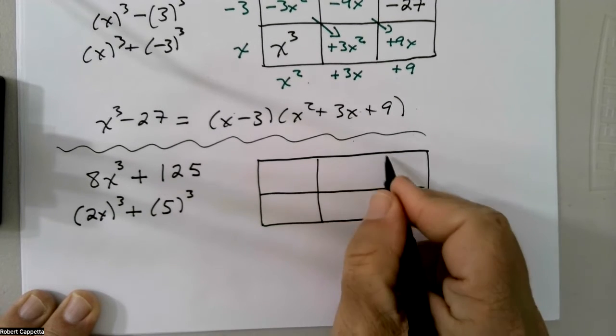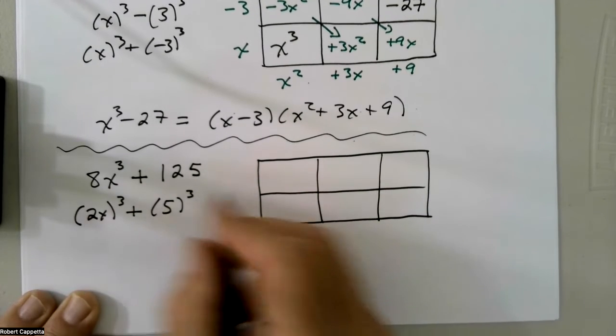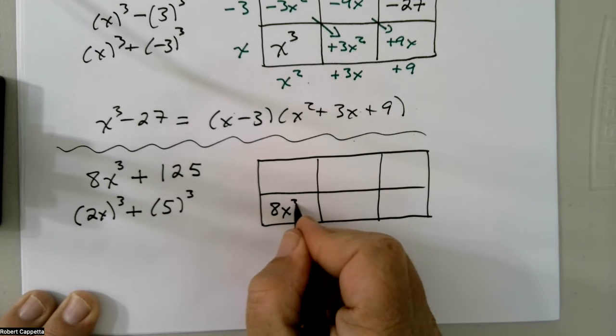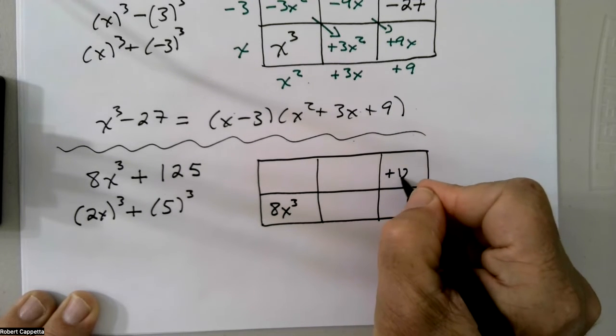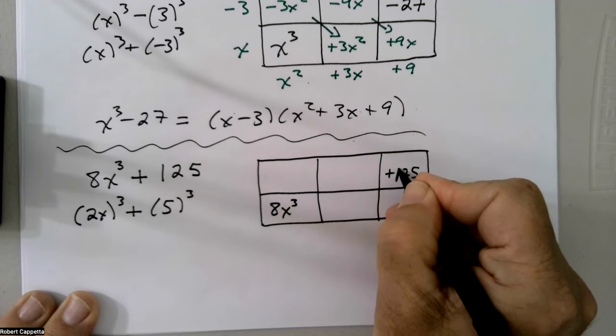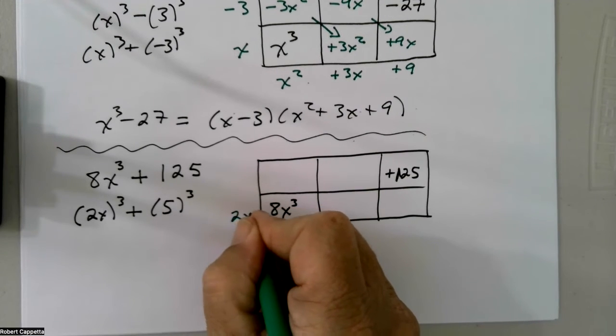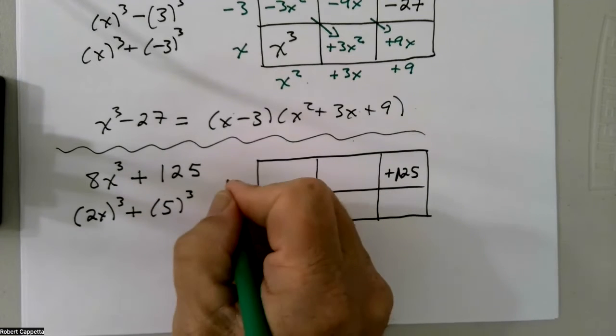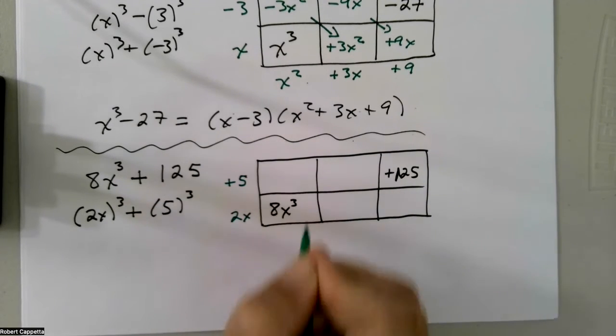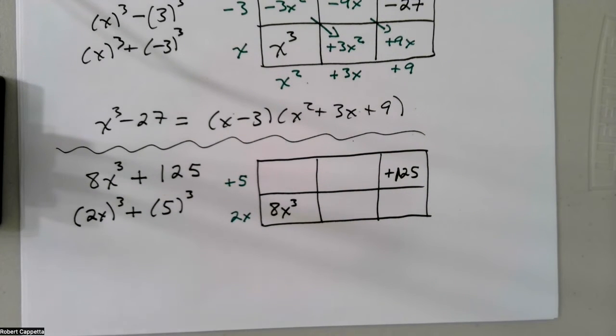First term lower left, last term upper right. First term 8x cubed. Last term plus 125. Roots, what are the roots? 2x is a root. That's plus 5, the other root. Okay.